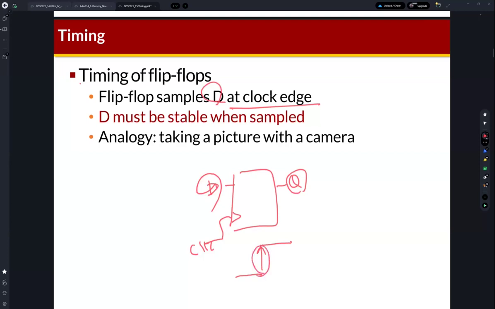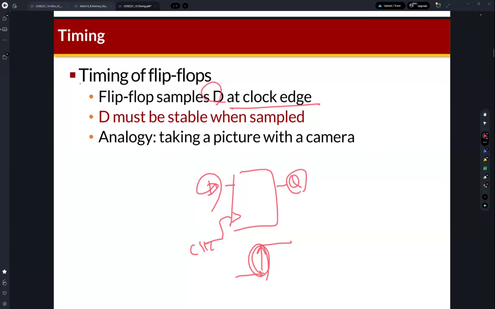So at this point, the input signal of the D flip-flop needs to be stabilized before the rising edge of the clock signal.